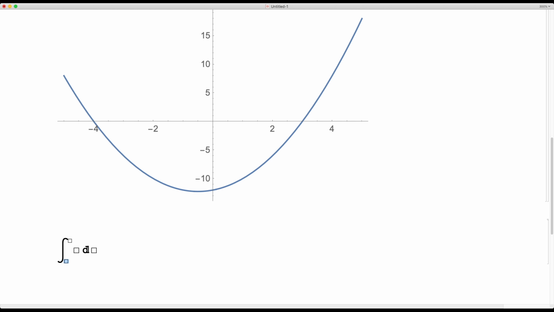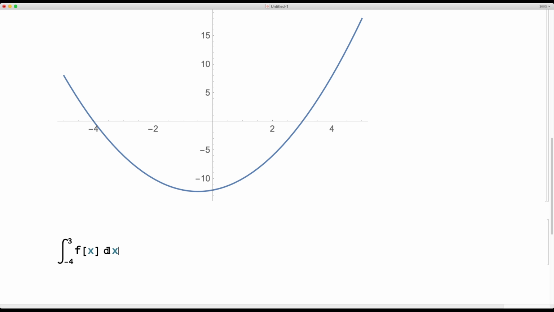And so what range of x values am I interested in here? I want to go from -4 to 3. I just made that up, basically. What function am I integrating? F of x. And then what's the variable with respect to which I'm integrating? X in this case. So that's how I would write it by hand.